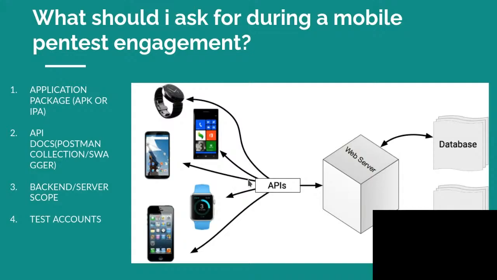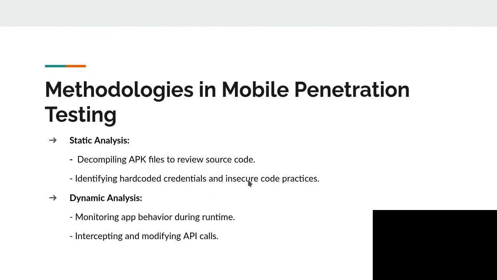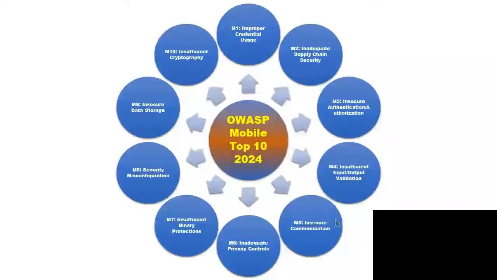A typical example of exploiting insecure communication is, let's say, I want to transfer money from my account to someone else's account. After I hit the transfer button, there is an attacker already in between me and the server of the bank.